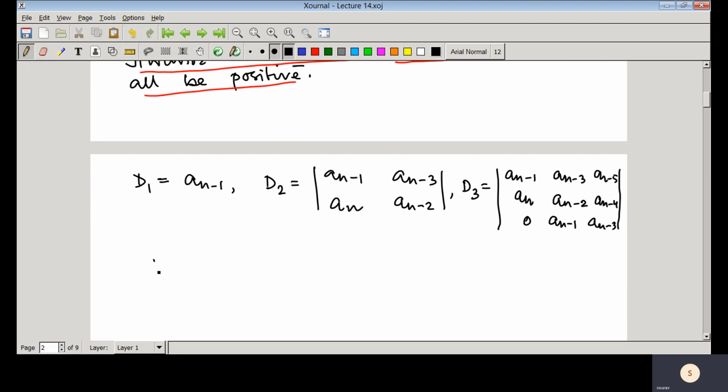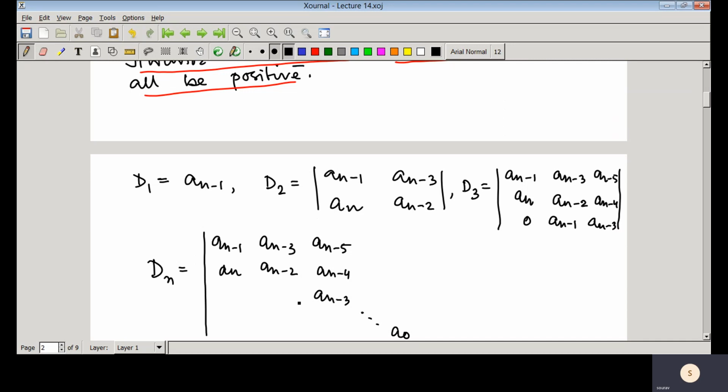And here you can see the general one, that is Dn. So Dn is a(n-1), then here a(n-2), here a(n-3), like that, we need to go up to a0, and here we have a(n-3), a(n-5), here a(n-4), a(n-1), like that. So here you would have 0.